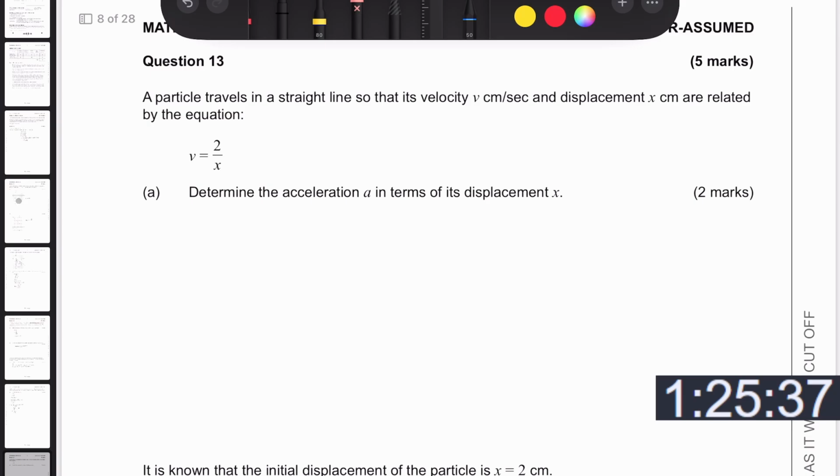Okay, a particle travels in a straight line so that its velocity and displacement are related by the equation. Determine the acceleration in terms of its displacement.